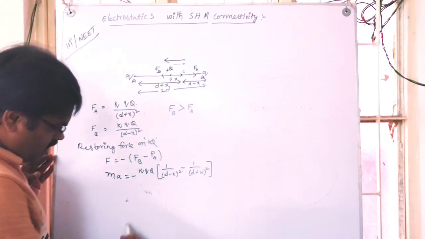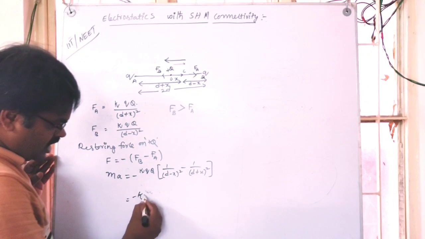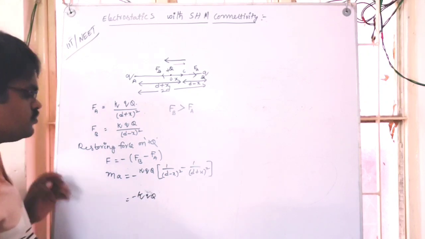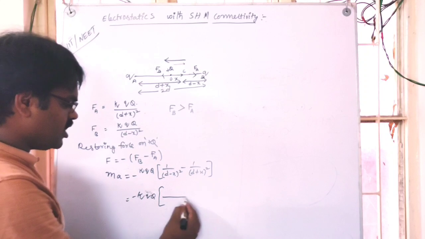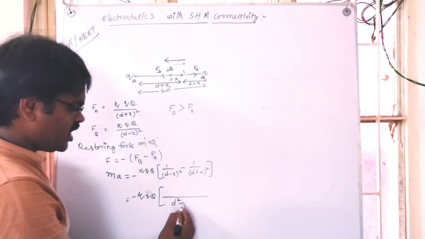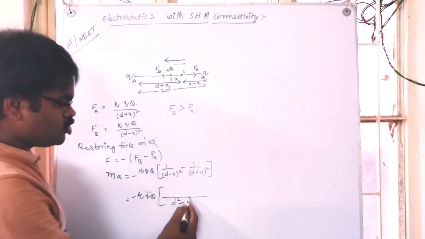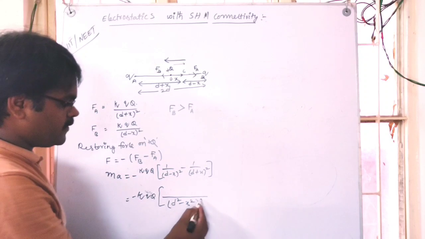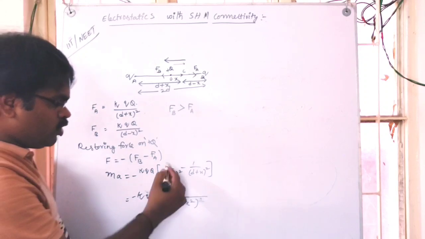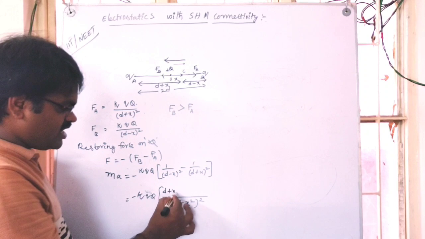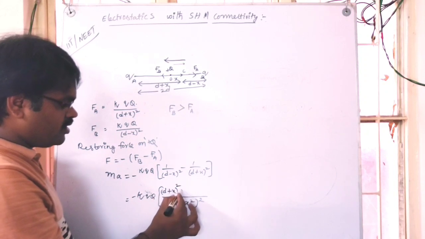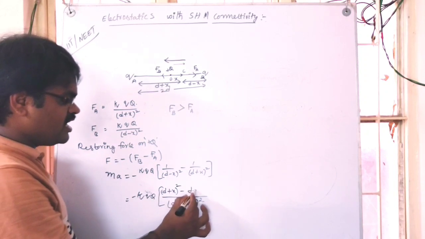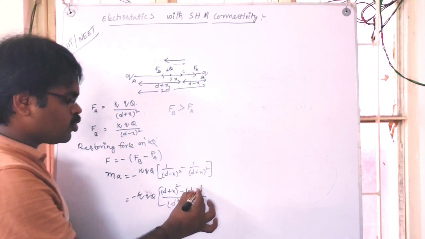Then minus kQQ into, taking LCM here, d square minus x square whole square. Then d plus x whole square minus d minus x whole square.